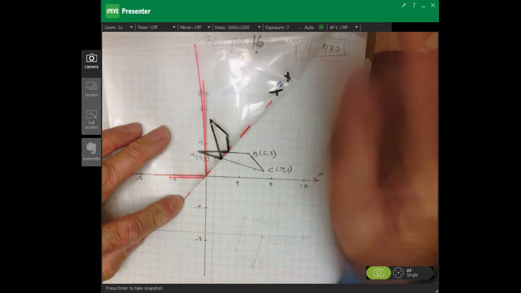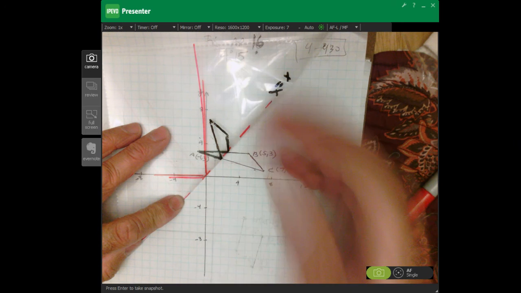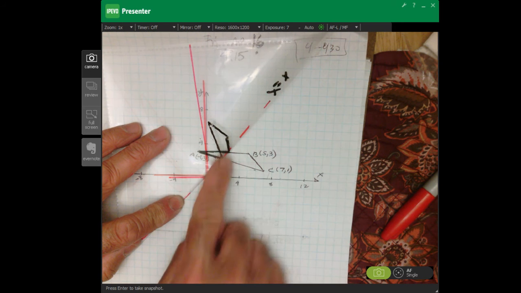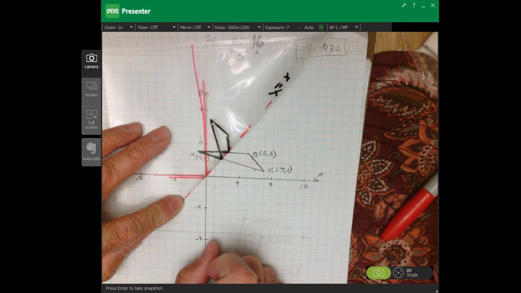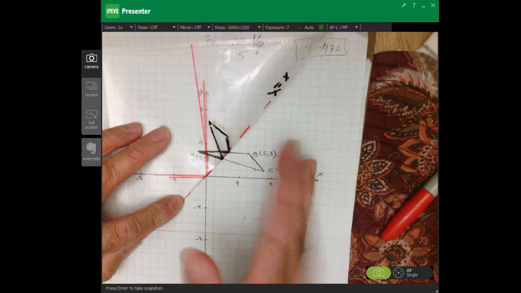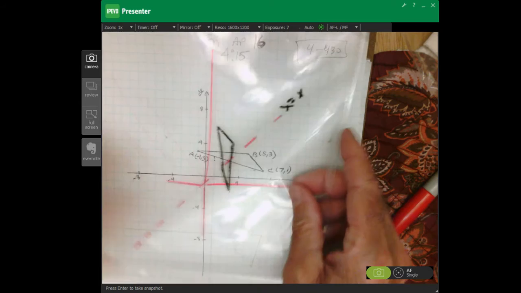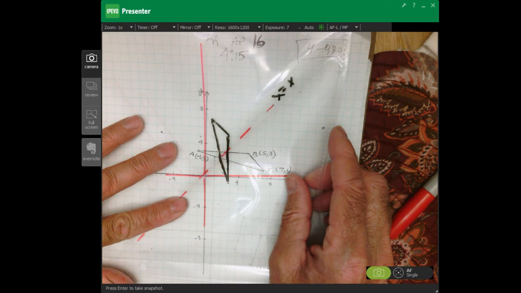And you can see what happened to this part. We didn't reflect the whole thing. We only reflected this part right here, okay? In order to get the whole thing, we have to get the other part. And what will happen is we'll end up with something that looks like that.